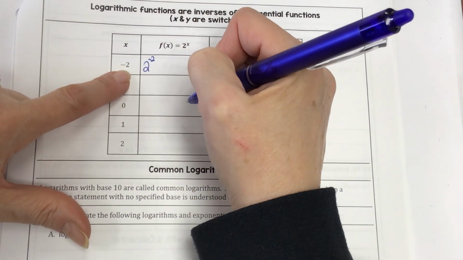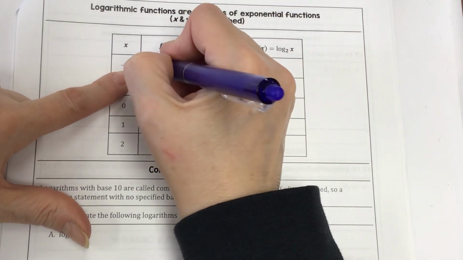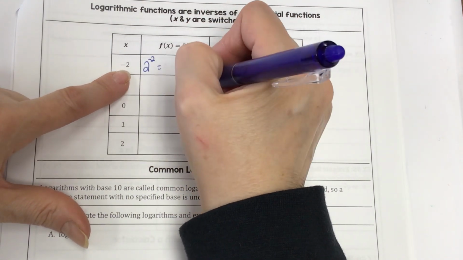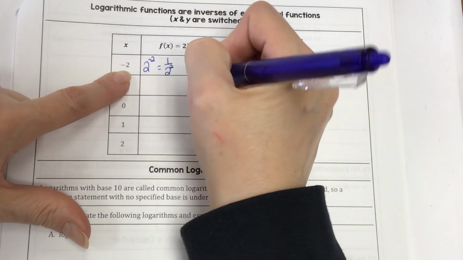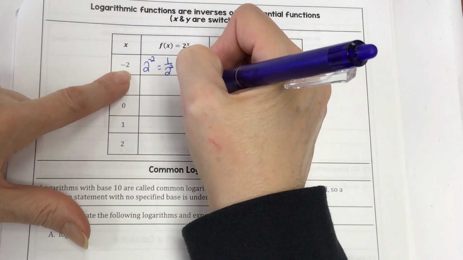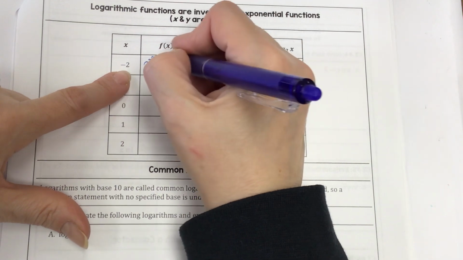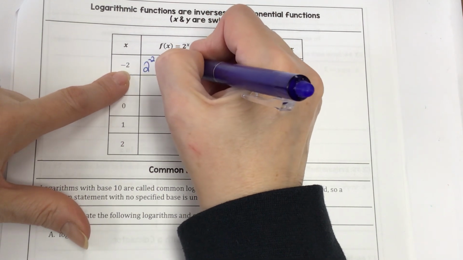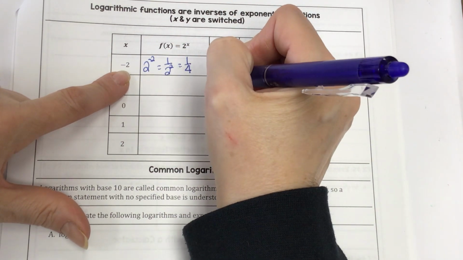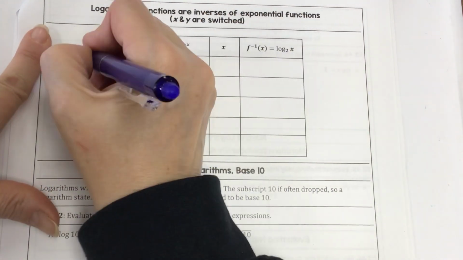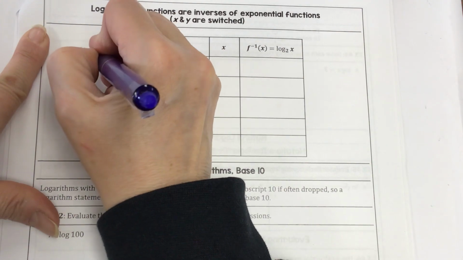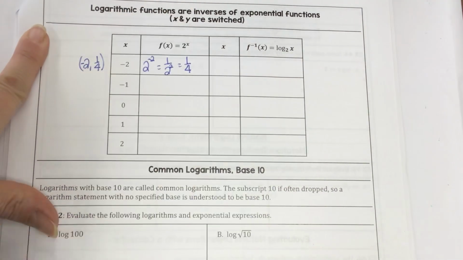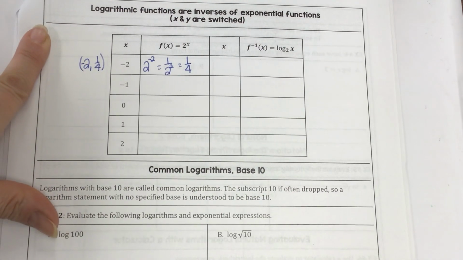Do you agree with that? To get rid of a negative exponent, we would move that to the denominator. True? And that would give us 1 over 4. Is that fair? So in f of x, when x is -2, y is 1/4. Is that true?